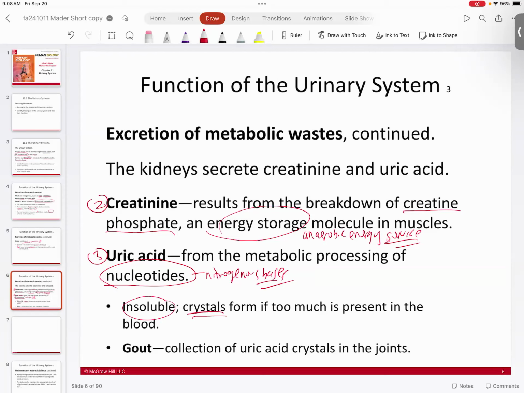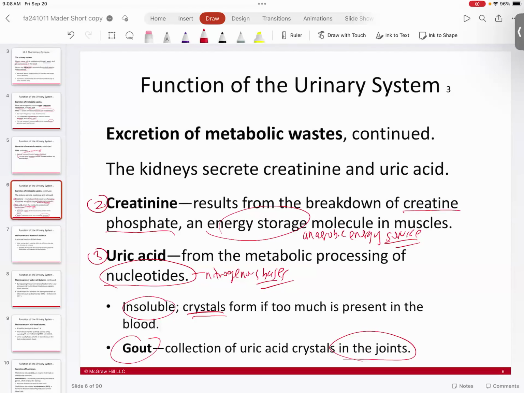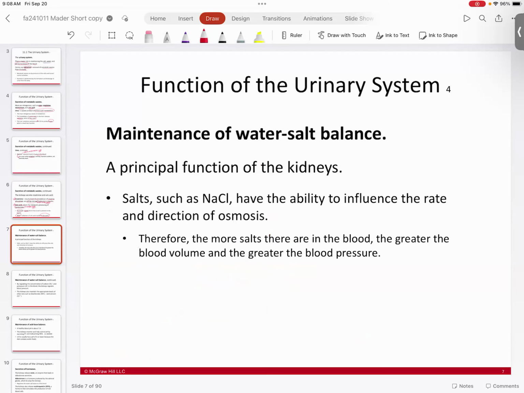If you have too much uric acid, it'll form crystals and then lodge in different joints. This is what creates gout, when you have uric acid crystal buildup. That's also because you're not getting rid of this metabolite efficiently, and that's typically a bad situation when you have those start to build up in your joints.